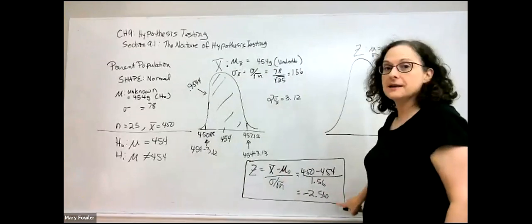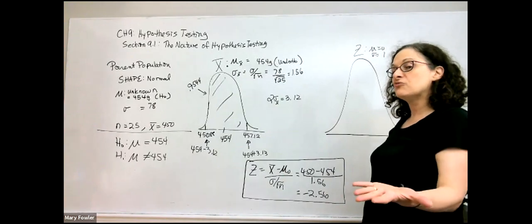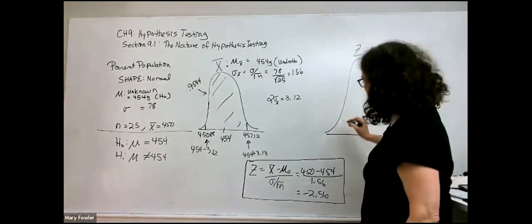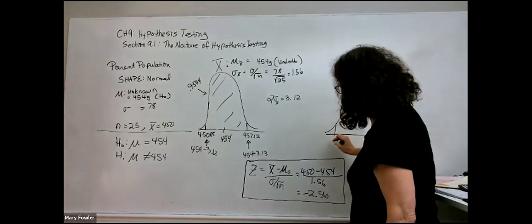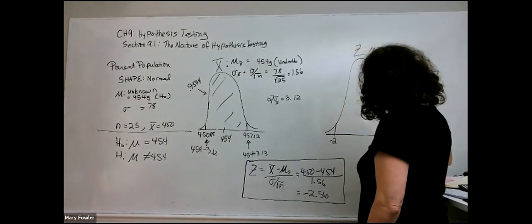So we come on over here, and what we had agreed was that if my X bar was more than 2 standard deviations away from the mean, then we would reject the null hypothesis. So let's go ahead and draw that up on our picture. We had this whole area here.